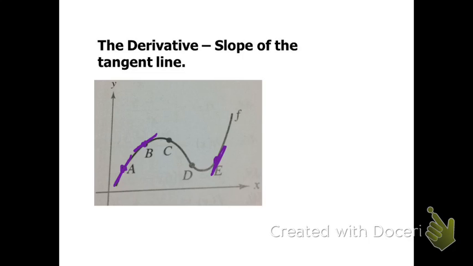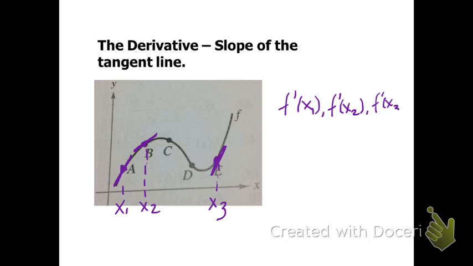In this case, f prime evaluated at those points, for example x1, x2, or x3, they are all positive.